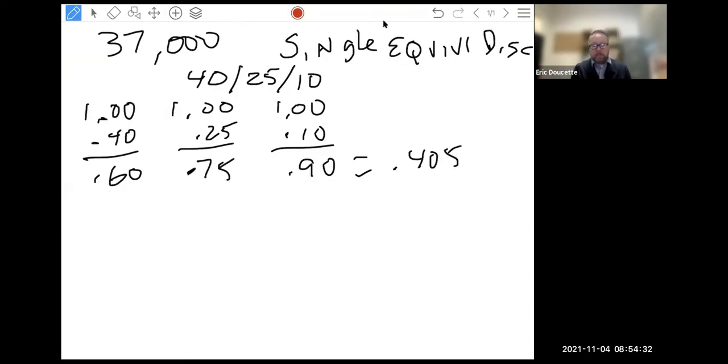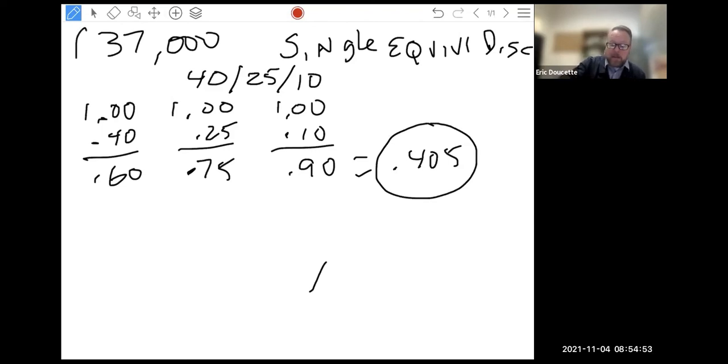All right, now we're going to look at how to find the single equivalent discount, which unfortunately is behind my picture. So let me move that down. The single equivalent discount is just the opposite or the complement of the net price factor. So remember, when we work this problem, this is the net price factor. If I multiply my $37,000 list price by the net price factor, I will get the net price.